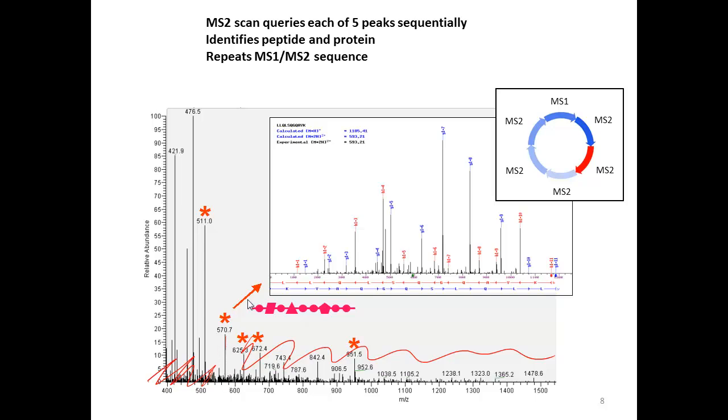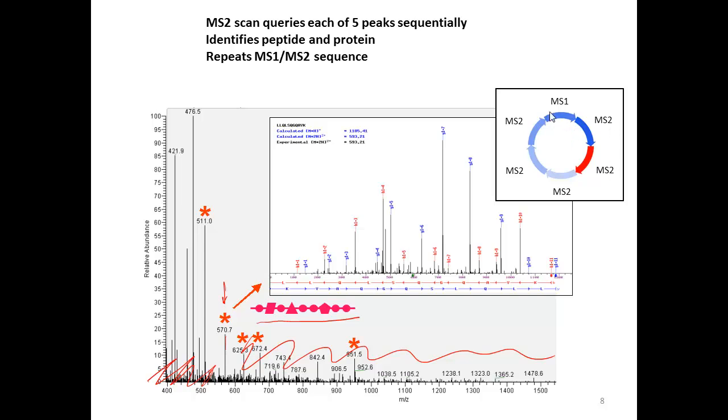This peptide will then be fragmented. So we're just looking at this peptide now. We're going to get an MS2 scan, and we're going to identify this peptide that's eluting at 570.7 m over z units at a particular point in time.